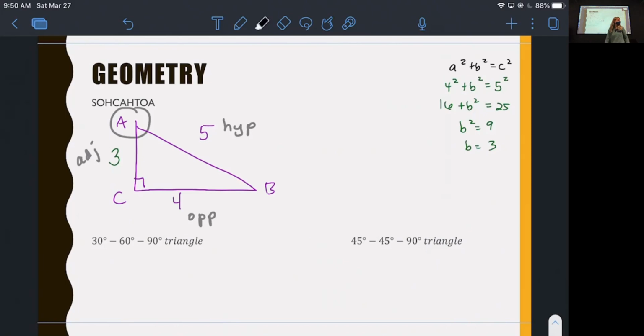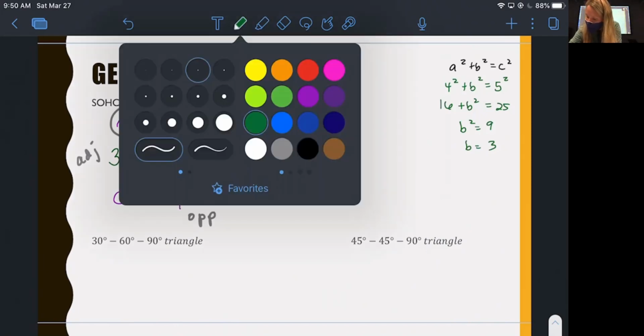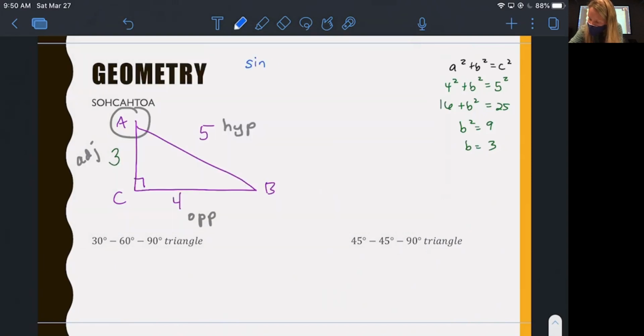Now we've got SOHCAHTOA as our mnemonic device. The sine of an angle is equal to the opposite side divided by the hypotenuse. So sine is opposite over hypotenuse, SOH. CAH is cosine.